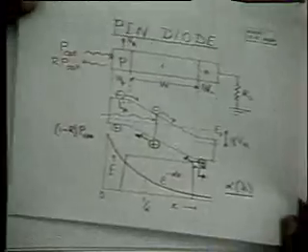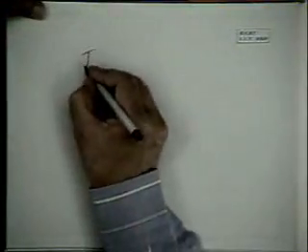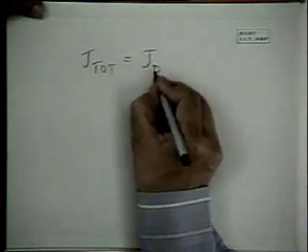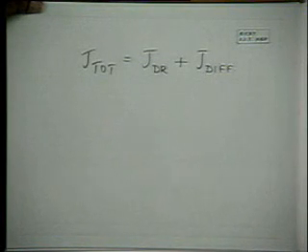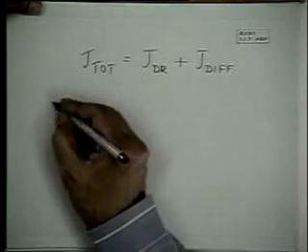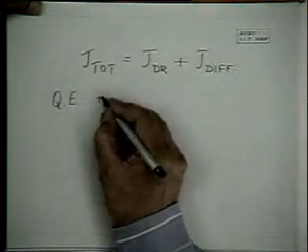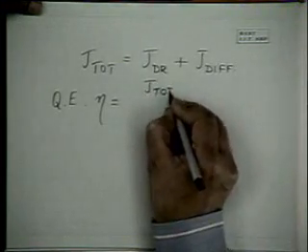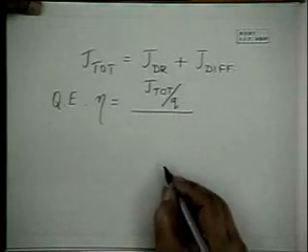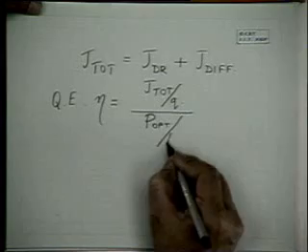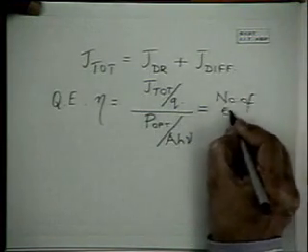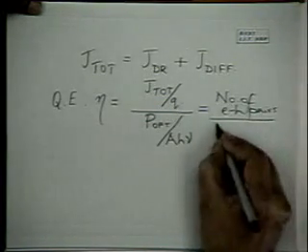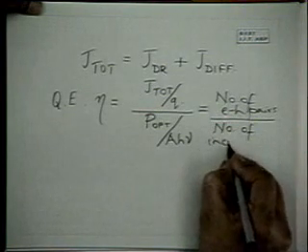So as I've discussed last time, we find that the total current has a drift component due to the intrinsic layer plus a diffusion component due to the carriers created in the top and bottom junctions, and we find that the quantum efficiency eta was J by q. This is the number of electron hole pairs created over P opt by A h nu, where A is the area. So this is the number of electron hole pairs over the number of incident photons.